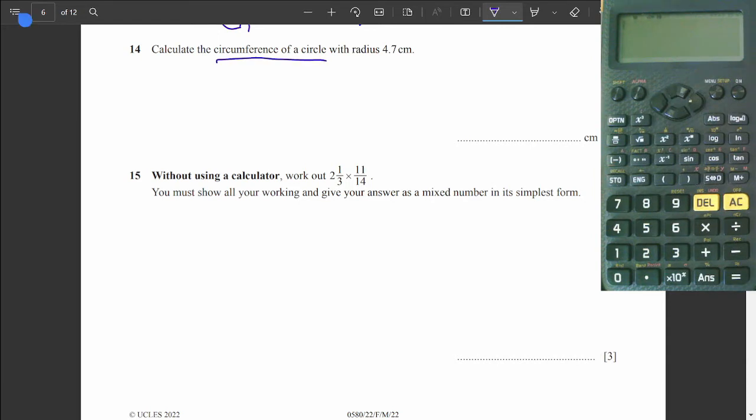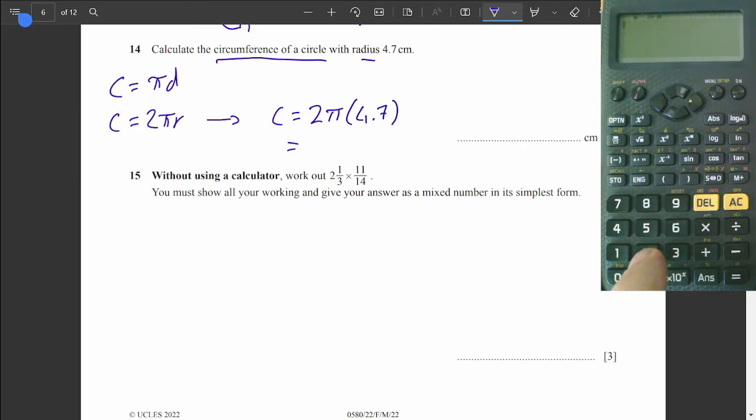Question 14 is very straightforward. Circumference of the circle. Remember, there's two formulas. C equals pi d, or C equals 2 pi r. So remember your formulas here. They give us the radius, so I'll use the second formula. So the circumference equals 2 pi times 4.7. Let's put that into our calculator.